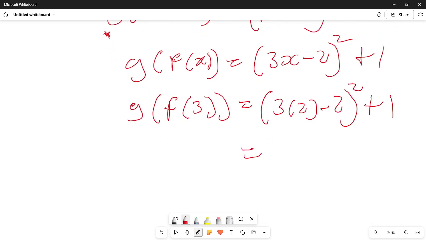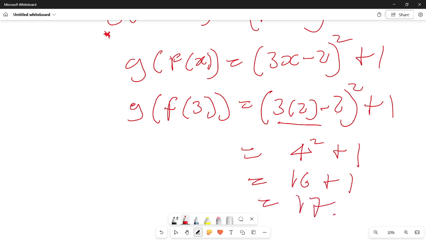So where there's x, you put 3. So 3 times 3 is 9... 3 times 2 is 6. 6 minus 2 is 4. So we get 4 squared plus 1. So 4 squared is 16. Plus 1, we get 17. So that's the solution.